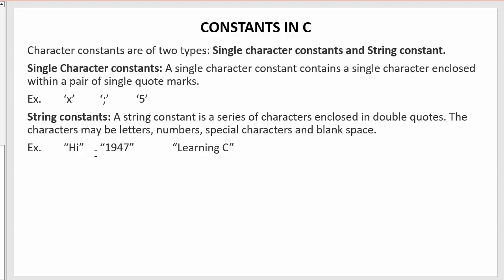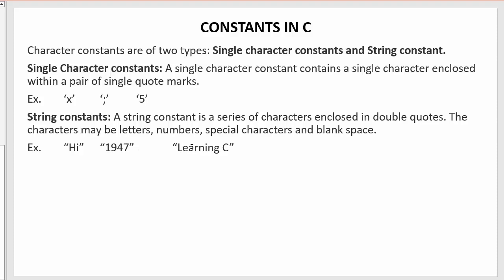So while making a string constant, you can use a sequence of characters, a sequence of numbers, a combination of letters and numbers, or you can write a sentence in the form of a string constant.